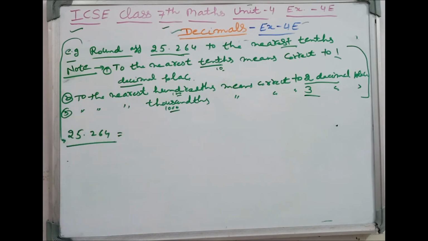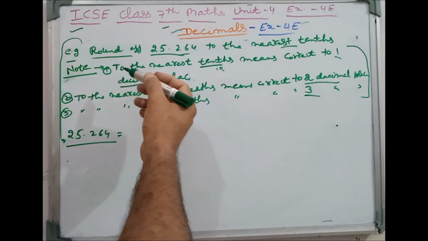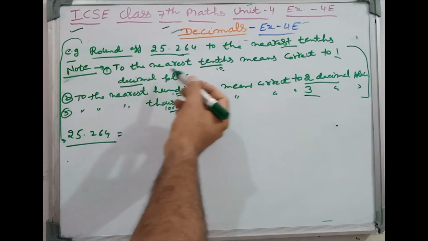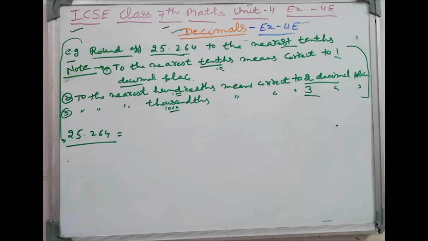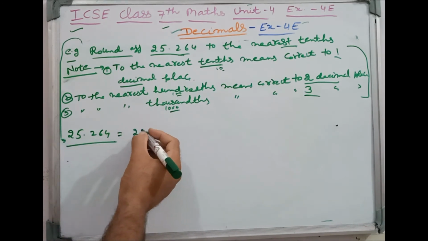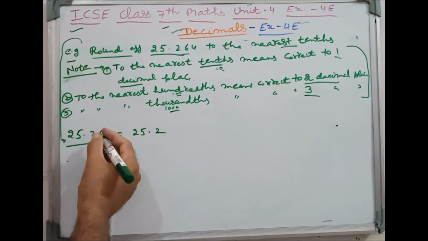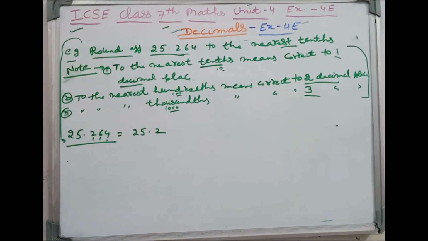We have to round off to the nearest tenths, that means correct to one decimal place. So our one decimal place is 25.2. Yes, this is tenths, this is hundredths, this is thousandths. So we will take tenths.